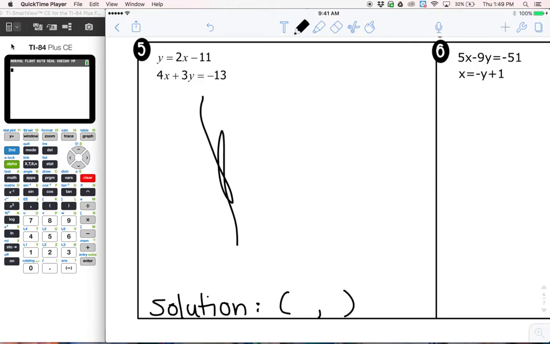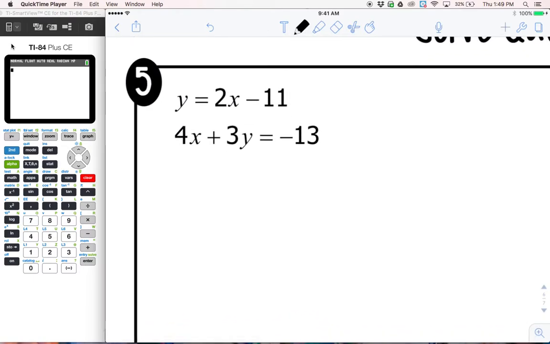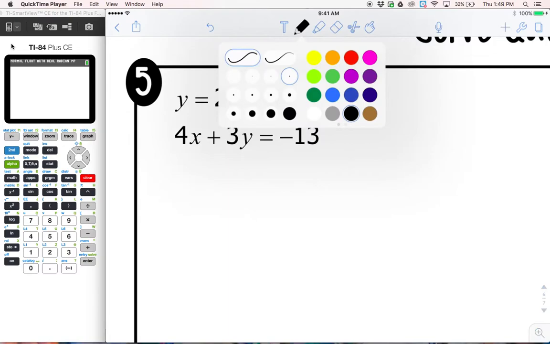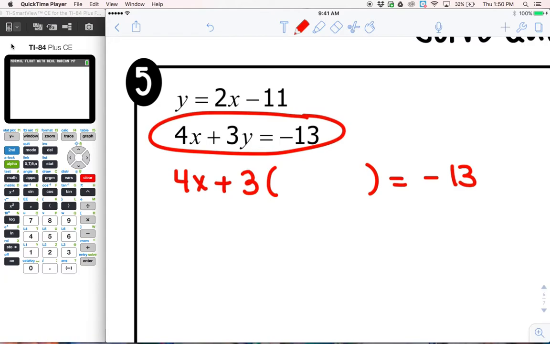The main idea behind today's lesson is understanding that if I have the statement that y is equal to 2x minus 11, that literally means that they are equivalent, that I can substitute one for the other. So take a look at what I'm going to write for this first section here. I'm going to say 4x plus 3, but I'm not going to write y, is equal to negative 13. So I've taken this equation, I've written it without the letter y.